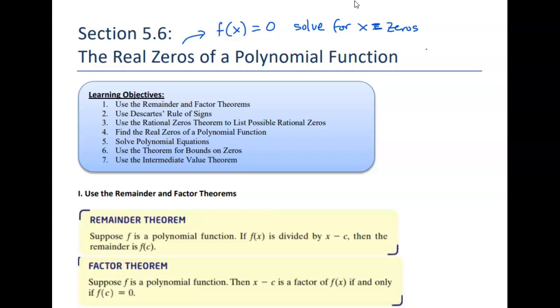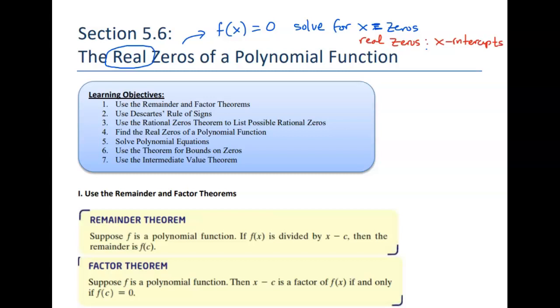In this section we're looking for real zeros. The real zeros are going to give you the x-intercepts of the function. So real zeros are basically the x-intercepts.